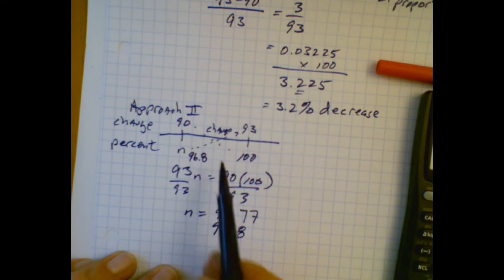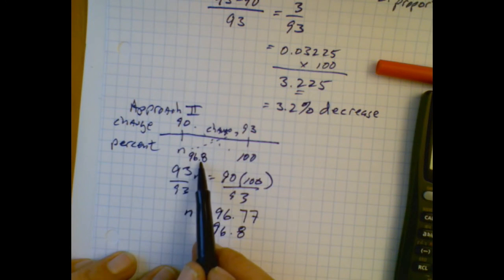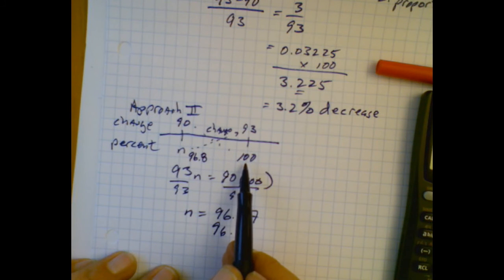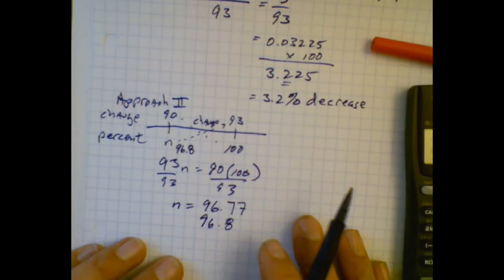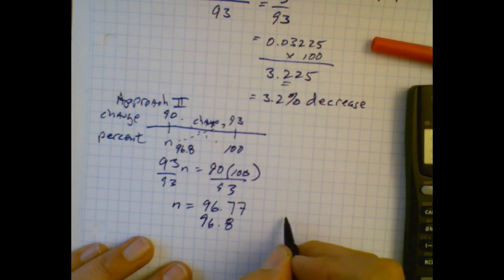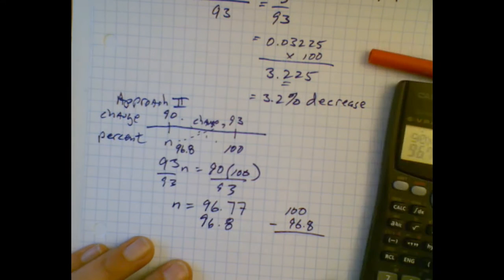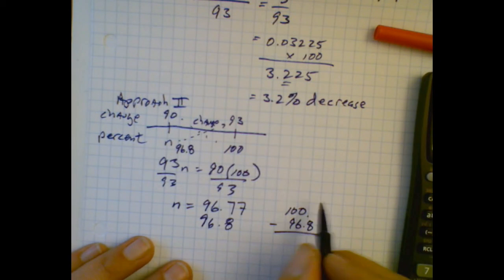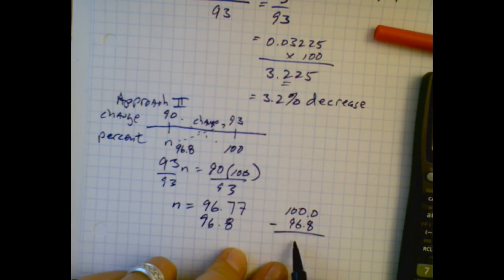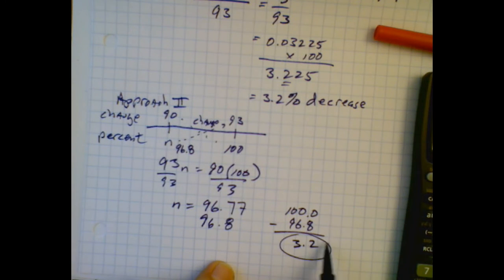I could ask the question, what would I have to add to 96 and 8/10 to get to 100? Or I can write it this way: what's the difference between 100 and 96 and 8/10? Well, if I did that subtraction, I would find out that the difference is 3 and 2/10. And this is my percent change.